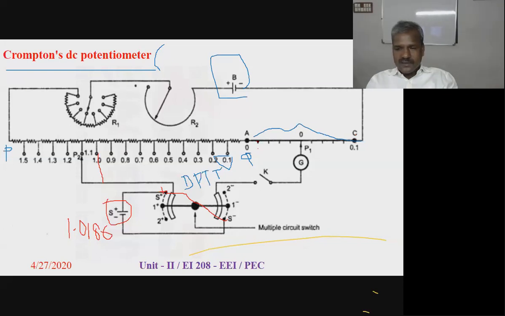So this position is 0.01, 0.02, 0.03, 0.04, 0.05, 0.06, 0.07, 0.08, 0.09, 0.1. Understand? So this position is 0.01. There are smaller divisions also.